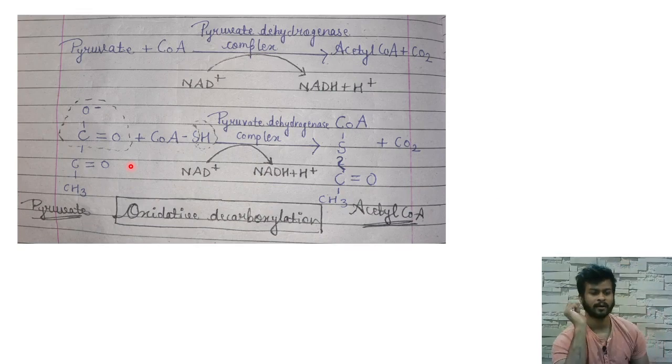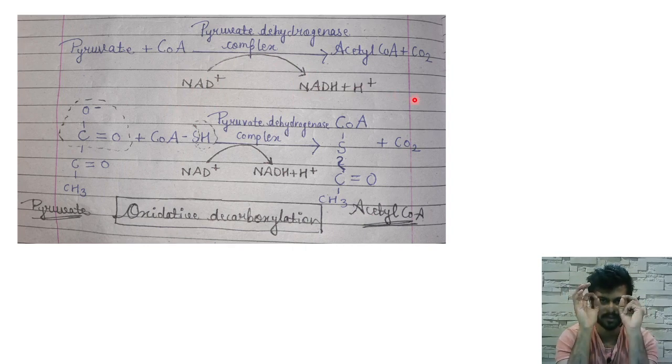As we can observe, pyruvate will combine with coenzyme A, which will be catalyzed by pyruvate dehydrogenase complex, and it will get converted into acetyl coenzyme A with the liberation of CO2. Pyruvate dehydrogenase complex will have cofactor NAD+ in oxidized state, which will get converted into reduced state, that is NADH plus H+. We will understand this in more depth.